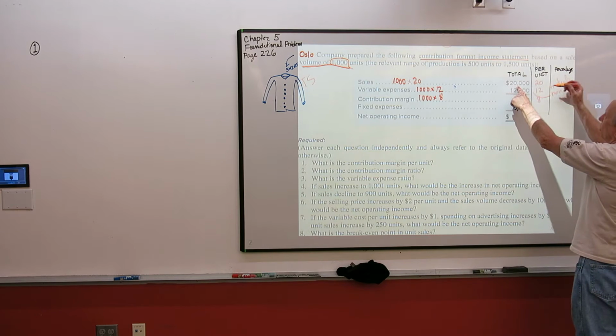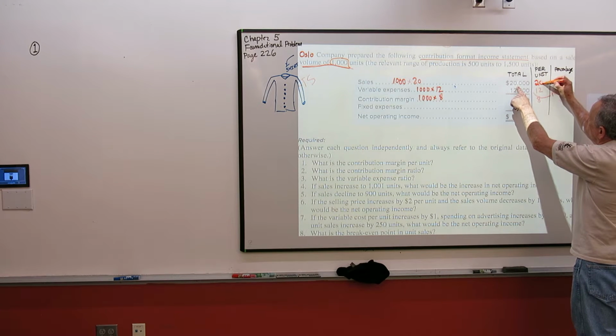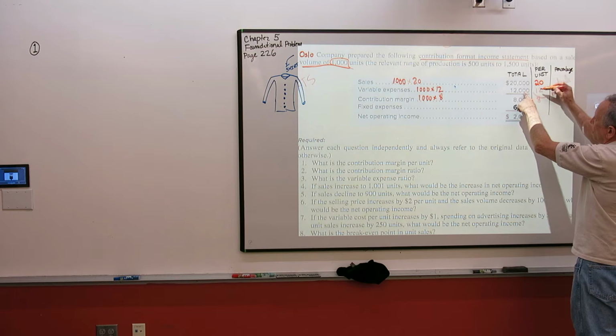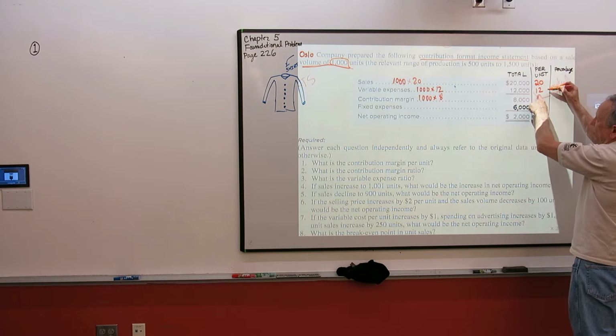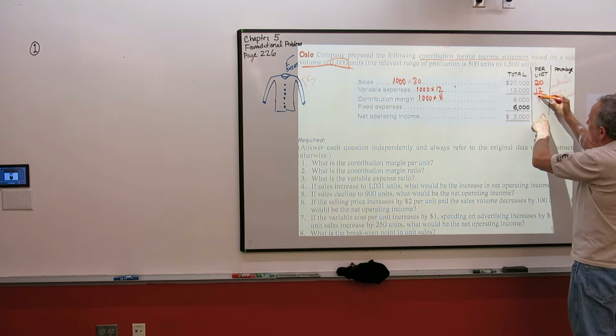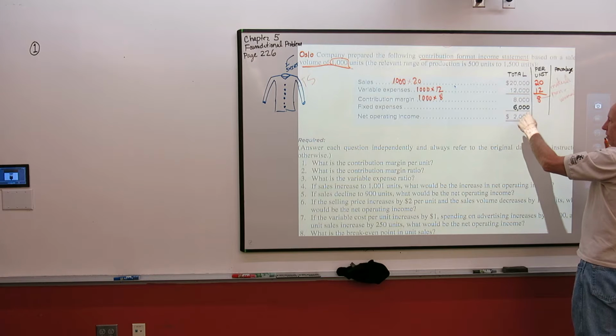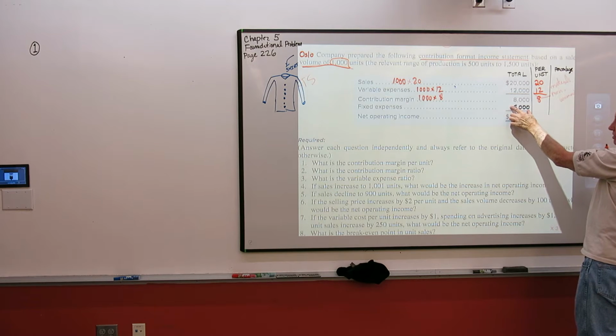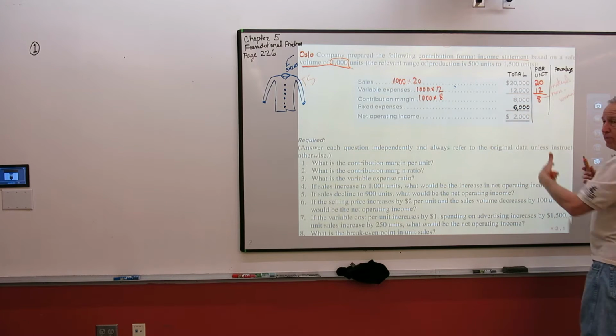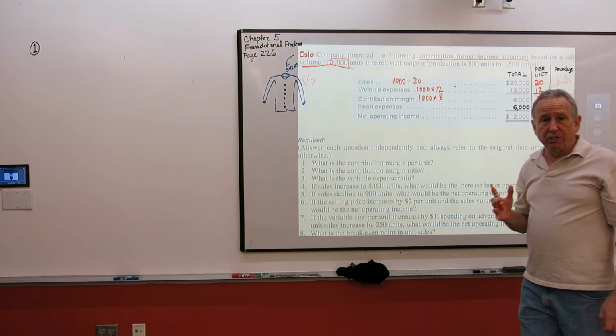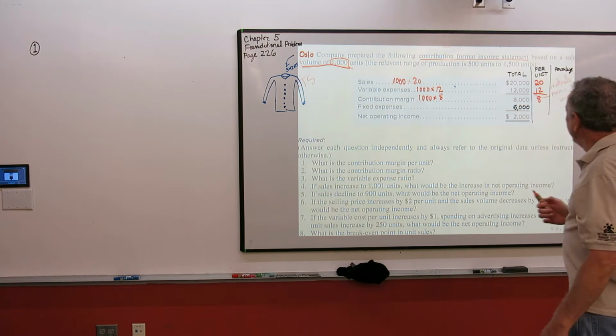Well, per unit, we know each shirt does what? $20 is what it sells for. $12, do you remember that's the material and the labor of the shirt? Subtract those two and you get what? $8 in contribution margin. Now don't go ahead and try and take the 6,000 and unitize it. You could divide by 1,000, but remember that's not going to be constant. Fixed costs don't stay constant per unit.